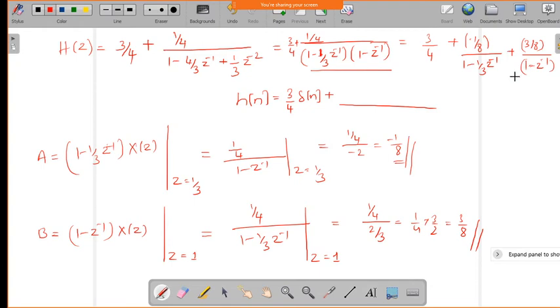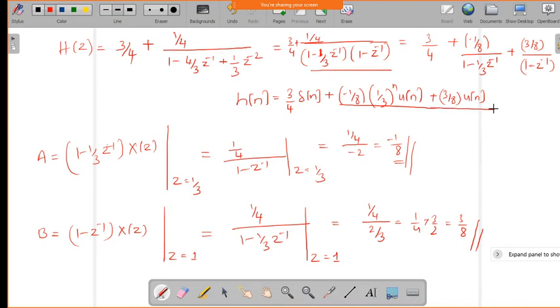So now we can take the inverse z transform and find out. So for 3 by 4 we have 3 by 4 into del of n, and for this minus 1 by 8 into 1 by 3 power n into u of n, plus 3 by 8 into u of n.